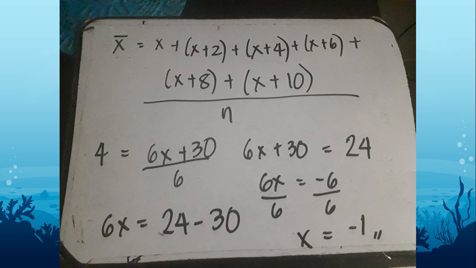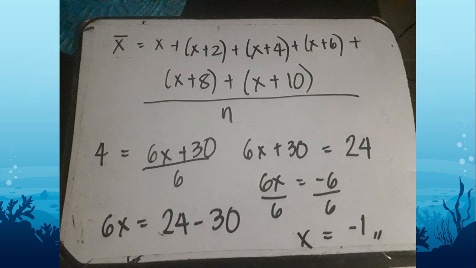Next, we need to write an equation. So mean is equal to the sum of the 6 consecutive numbers divided by 6. Now we let x be our smallest integer among the 6 consecutive odd integers.